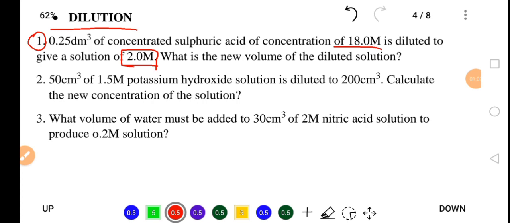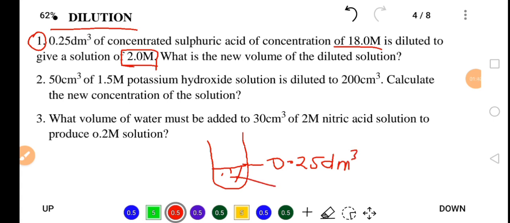This is what I was saying in my demonstration. So it's same as they are saying we have the solution like this, and the volume of this solution is 0.25 decimeter cubic. And the concentration is 18 molar.